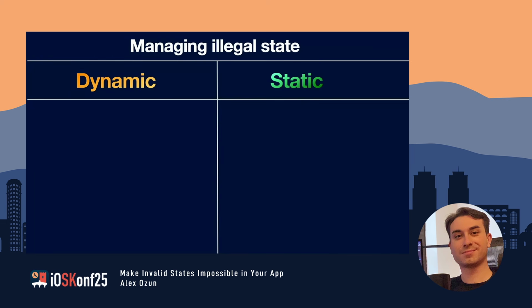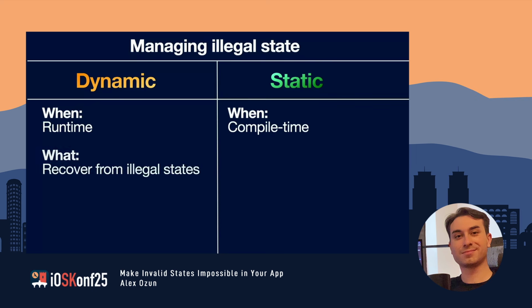When it comes to management of illegal states, there are two broad categories. One is the dynamic approach, and the other is the static approach. The dynamic approach handles illegal states at runtime, when our program is already executing, whereas static attempts to do so during compilation. The dynamic approach attempts to recover our app from the illegal state, or prevent it just before it happens, or recover shortly after it happened.